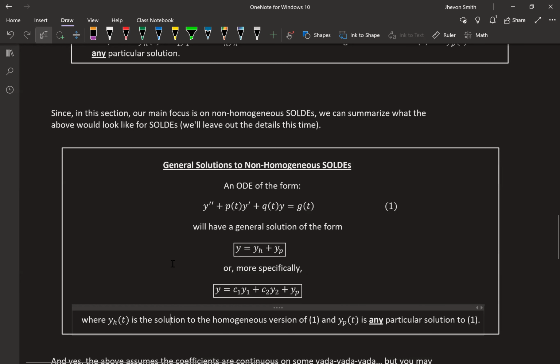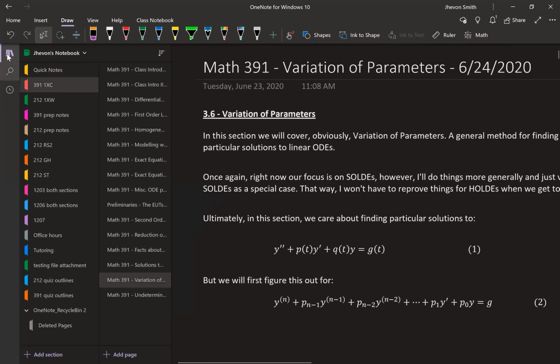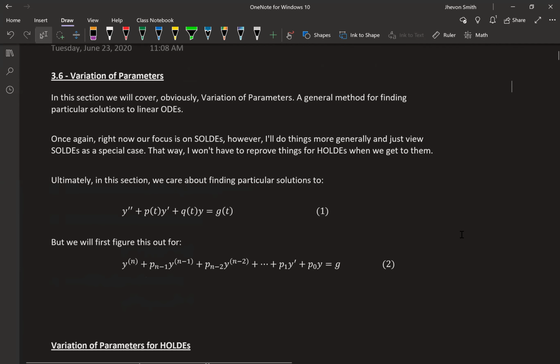So all variation of parameters does is say, oh, well, what if the C1 and C2 are not constants? What if we make them functions? And then we pretend that the YP looks like that. It's a function times the Y1 plus another function times the Y2. What could that get us, right? So that's kind of the assumption.